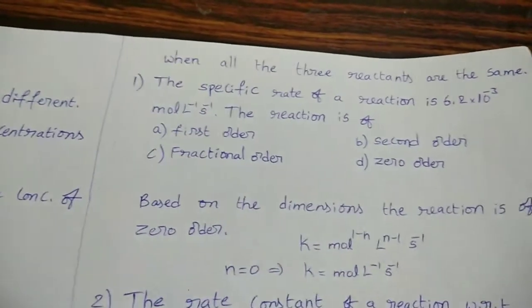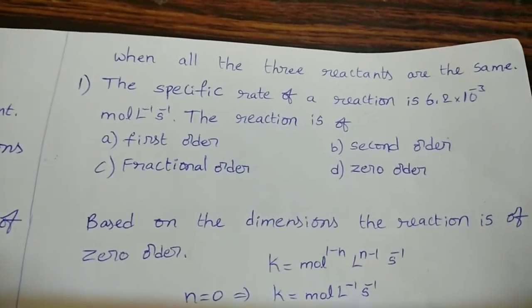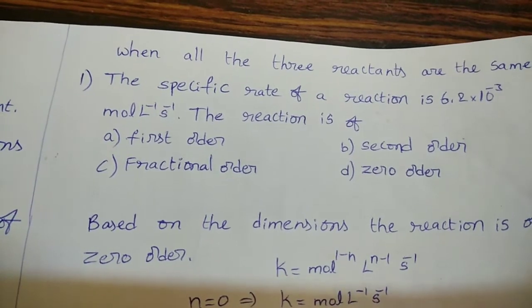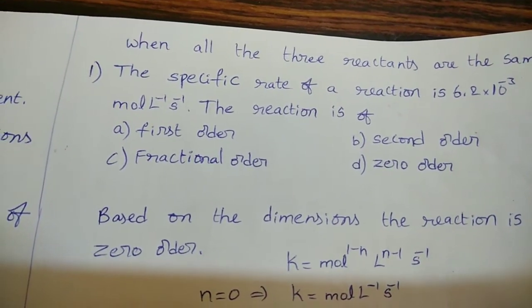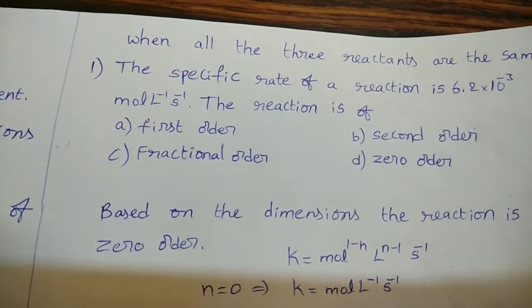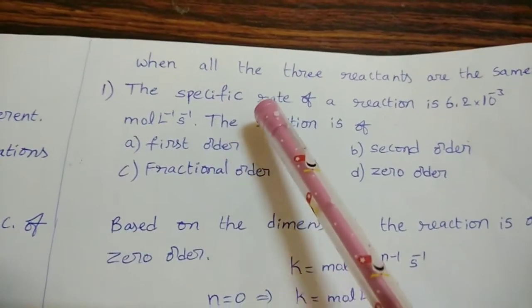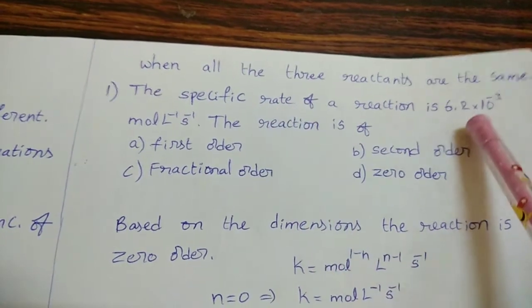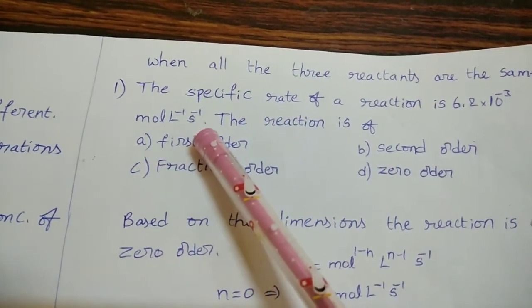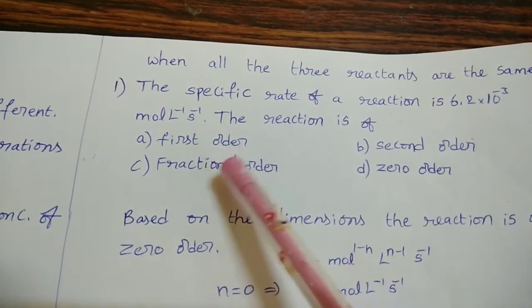The specific rate of a reaction is 6.2 into 10 power minus 3 mole liter inverse second inverse. Is the reaction of first order, second order, fractional order, or zero order? Say this: specific rate means the reaction rate constant value is given. From these units, we can find the order of the reaction.